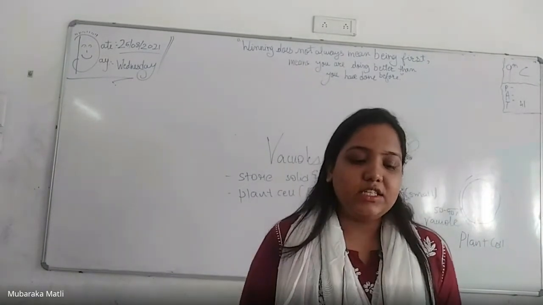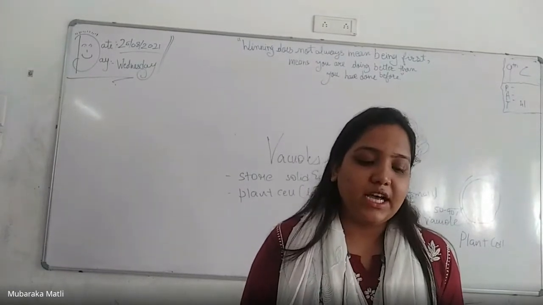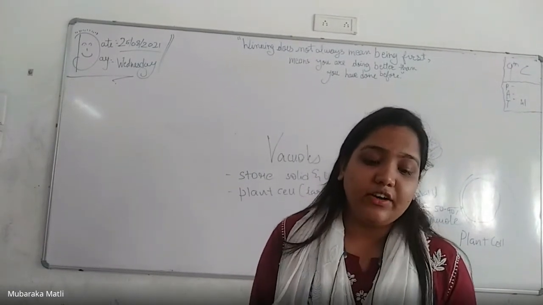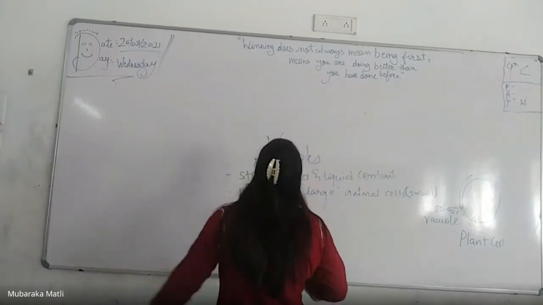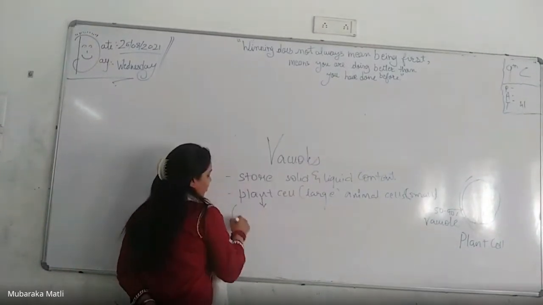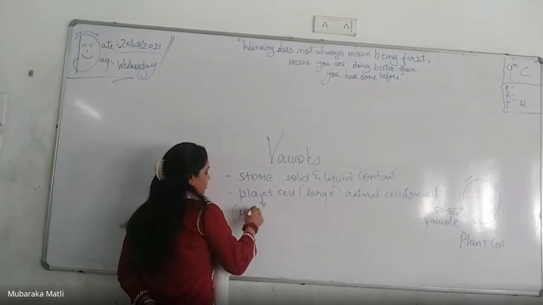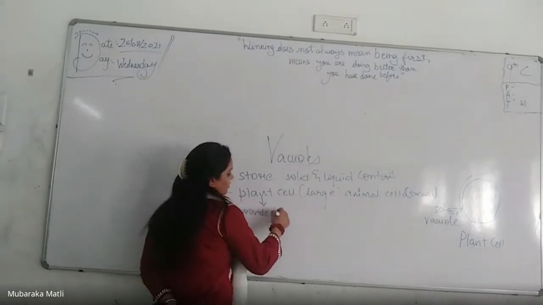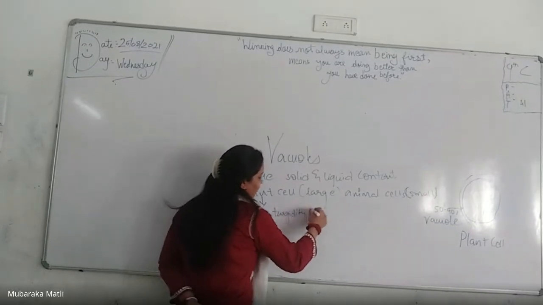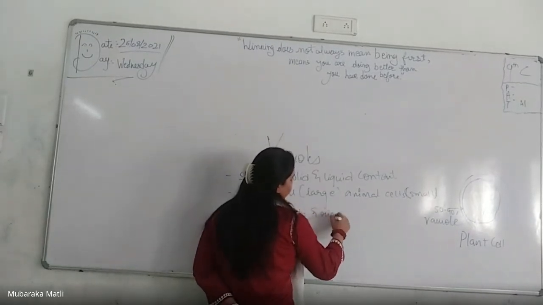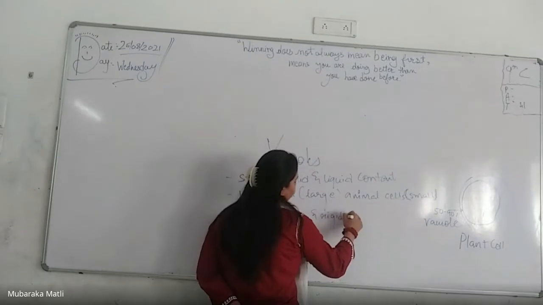In plant cells, vacuoles are full of cell sap and provide turgidity and rigidity to the cell. What do vacuoles do? Provide turgidity and rigidity. What is rigidity?